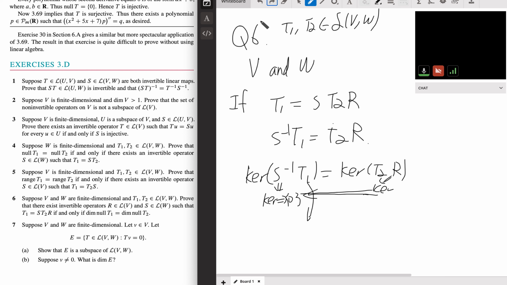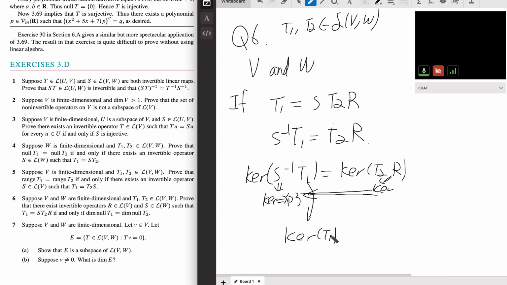But all the elements which are not inside the kernel of T1 are also not inside the kernel of S inverse T1, because they will generate some non-zero value under T1, which S inverse cannot send to 0, because S inverse is an invertible linear map, which means it's injective, so it can't have a non-zero kernel. So in fact, the kernel of S inverse T1 is the same as the kernel of T1, and that's fine.